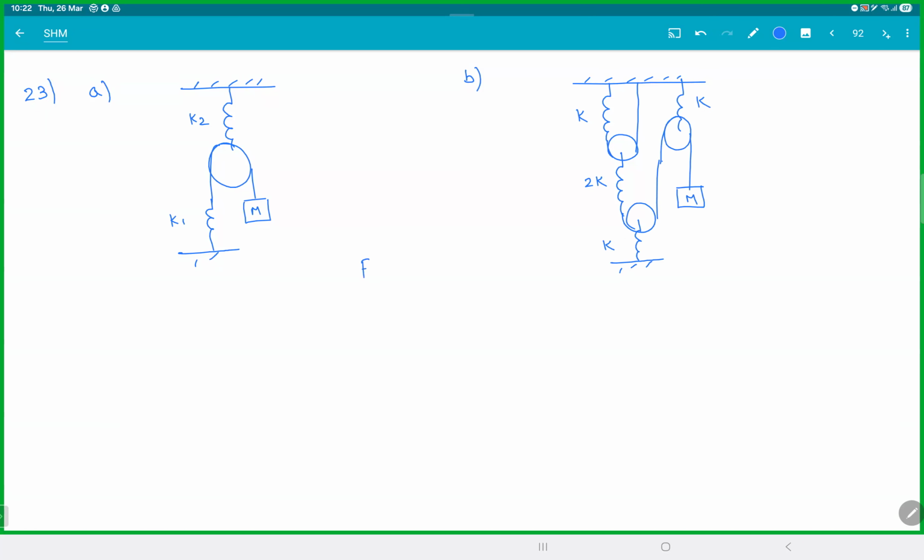Look at the B question. You will die if you see a question like that. You will not know who is moving what and all, but this method will save you time.